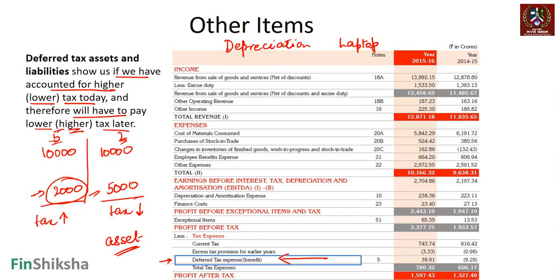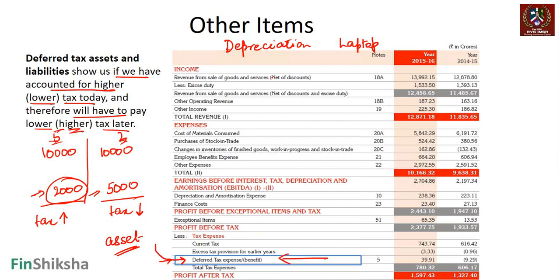So that's something we have to keep in mind. It's a slightly more evolved concept. We don't need to worry about it too much at this point of time. But just in case this question arises in your mind as to what is deferred tax here, that's basically arising because of either the company paying more tax at this point of time or paying less tax at this point of time, and hence there is either an asset or a liability that gets created.